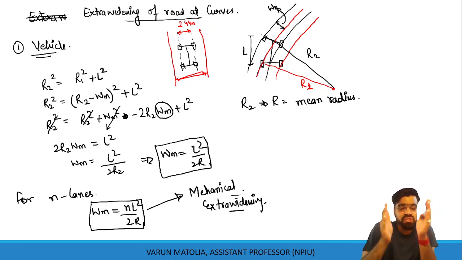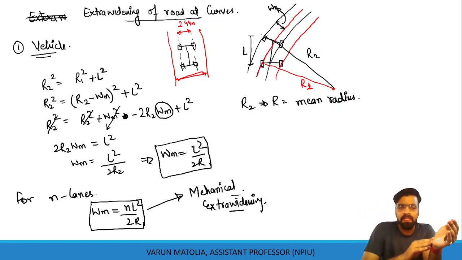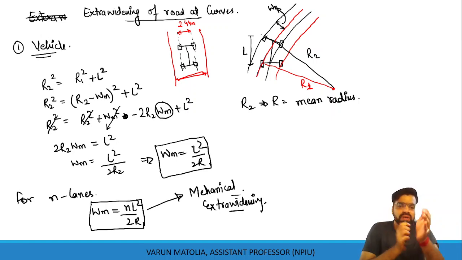The extra width required to accommodate the vehicle on the road is mechanical extra widening. Because of the rigidity of the vehicle base, you cannot move your vehicle on the same path. So we have to provide this mechanical extra widening.